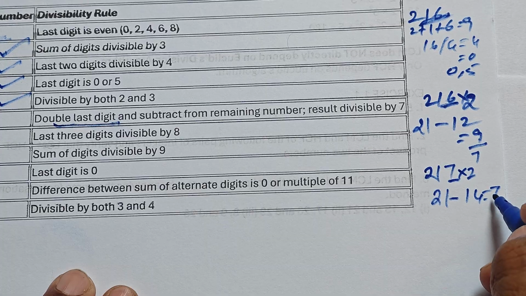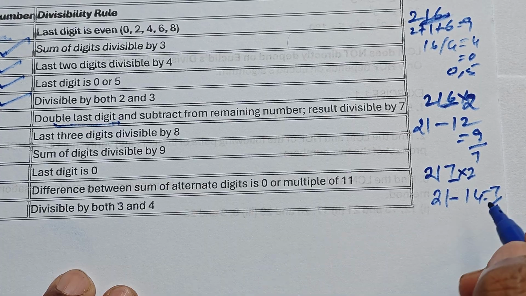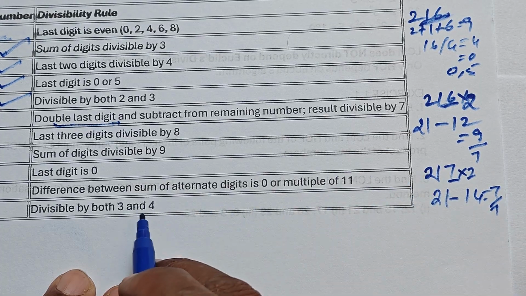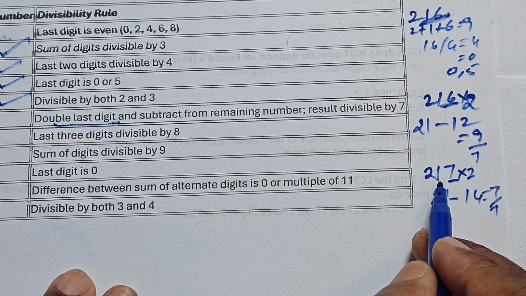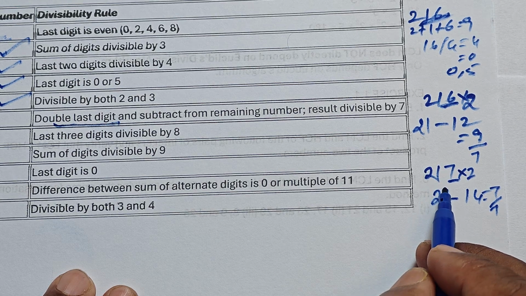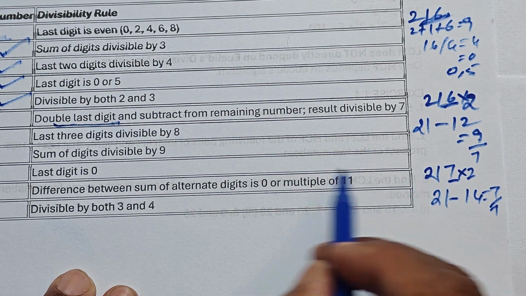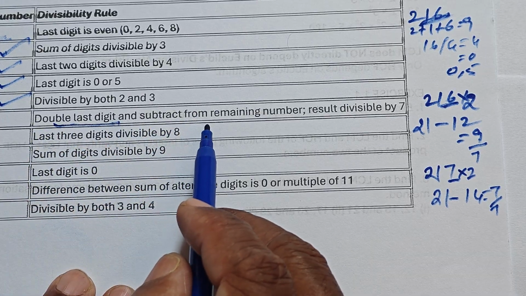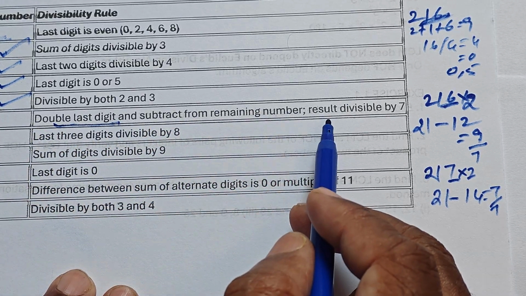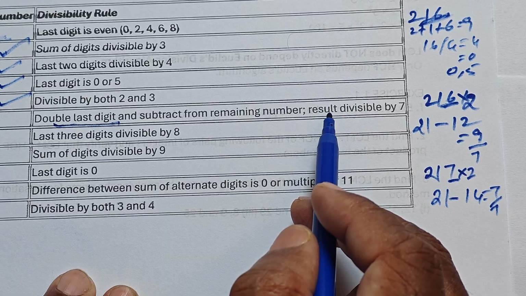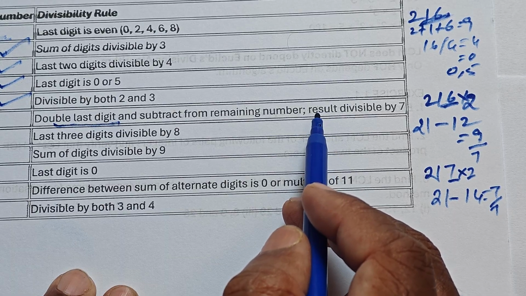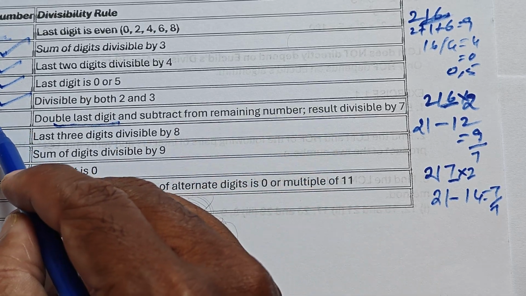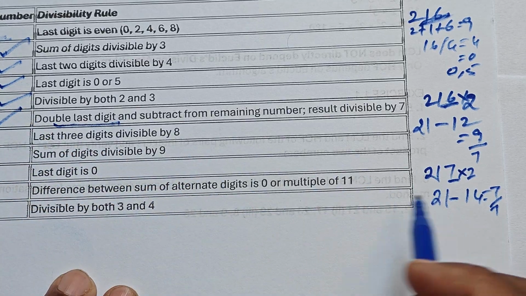So 7 is divisible by 7, giving remainder 0. We know 217 is 31 times 7. So we just verified in the reverse manner the rule: double the last digit and subtract from the remaining number, and check whether the result is divisible by 7, to confirm the total number is divisible by 7. So this is the approach.